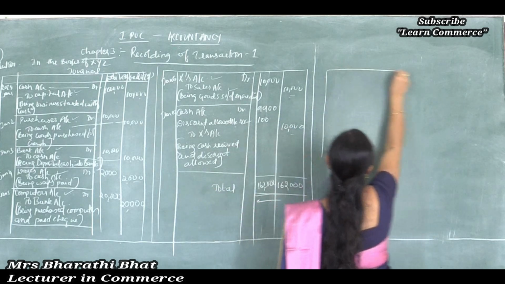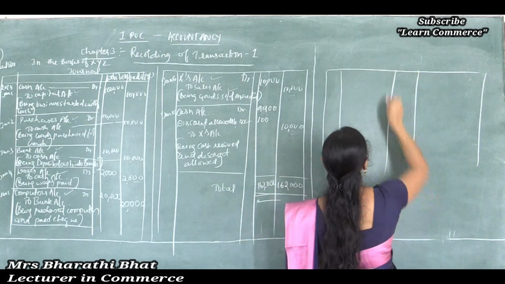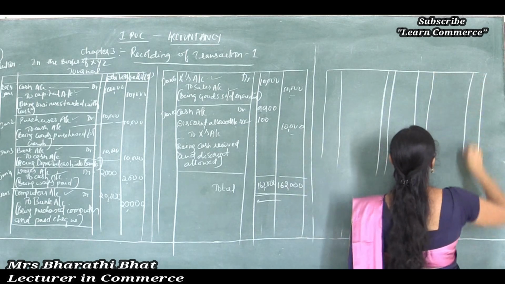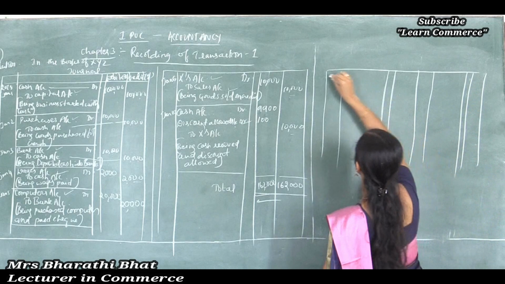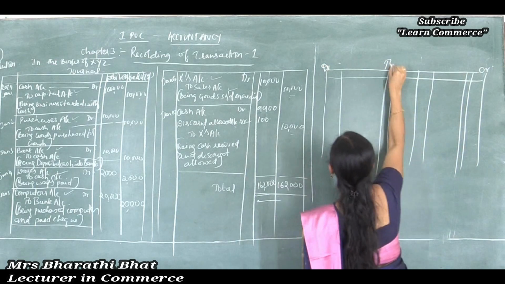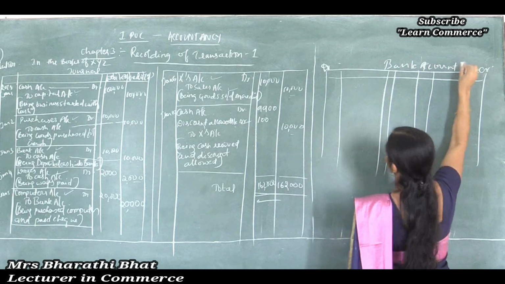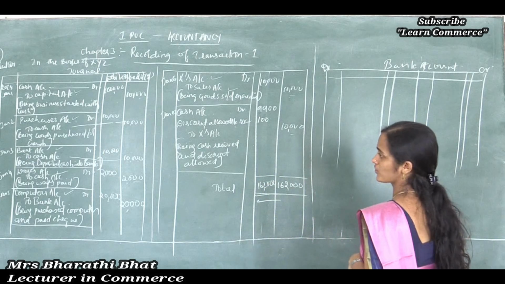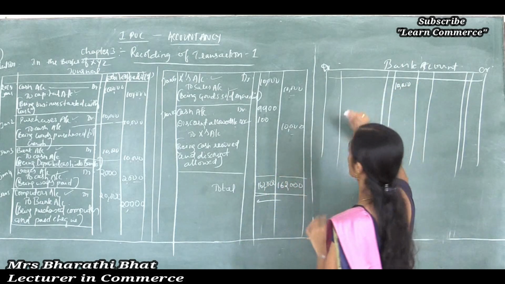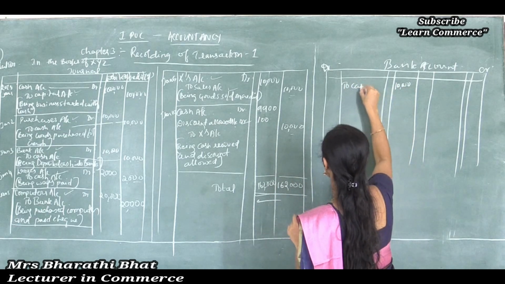So prepare the bank ledger: debit, date, particulars, JF, again date, particulars, and JF, amount, credit and debit. Showing bank account is the title of the account. So the bank account is showing a debit value, just write 10,000. Near to bank, which account is there? To cash account.